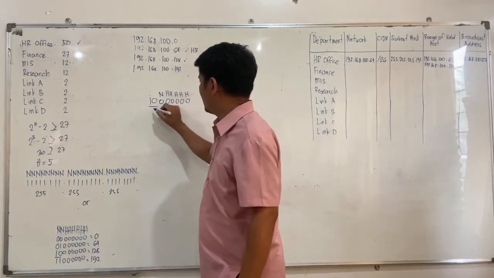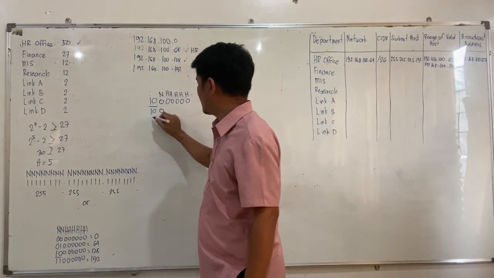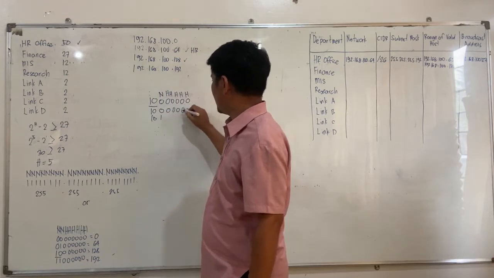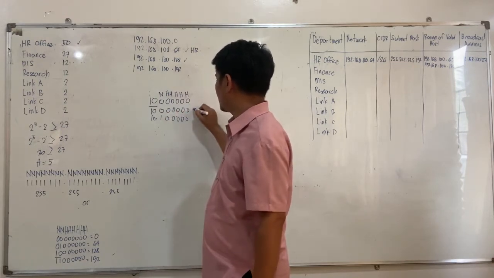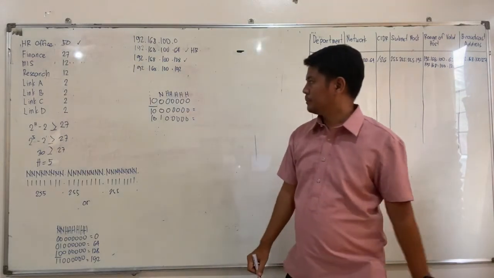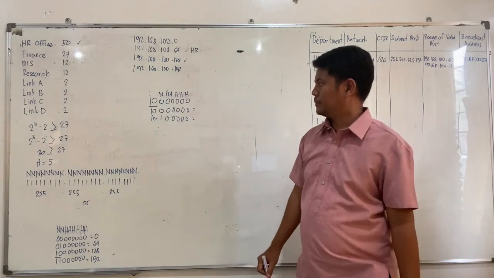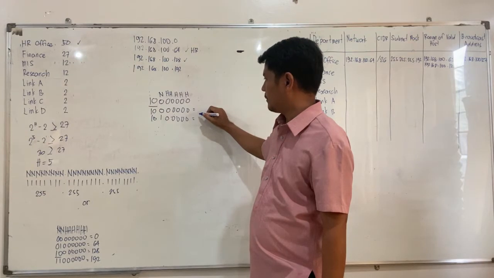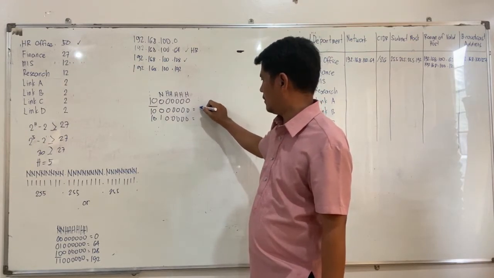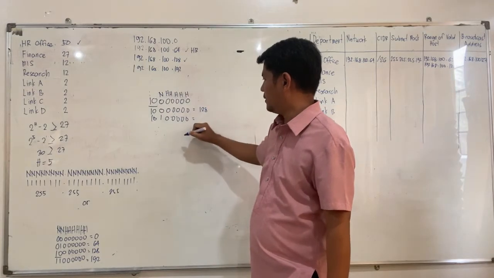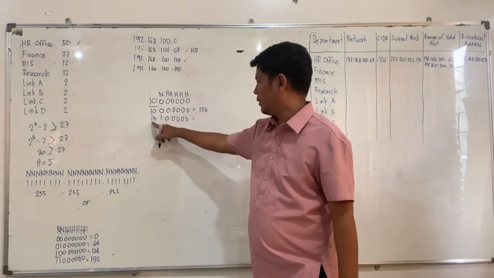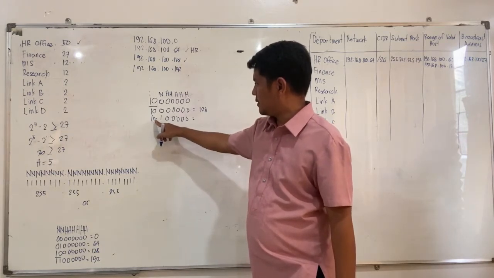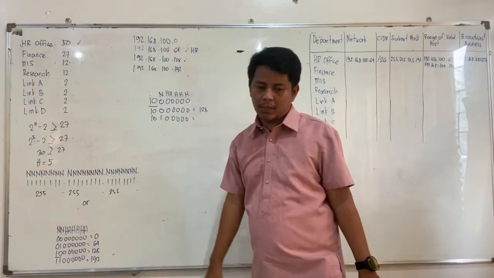We simply copy the first 2 bits, we have 1, 0, and then for the remaining 5 bits, we assign them to 0. So this will now be equal to 128 plus 32.